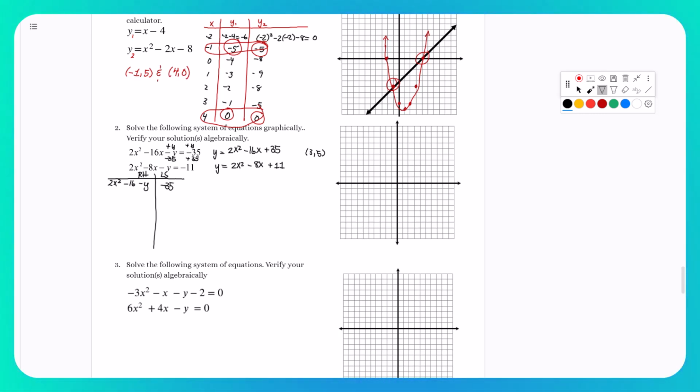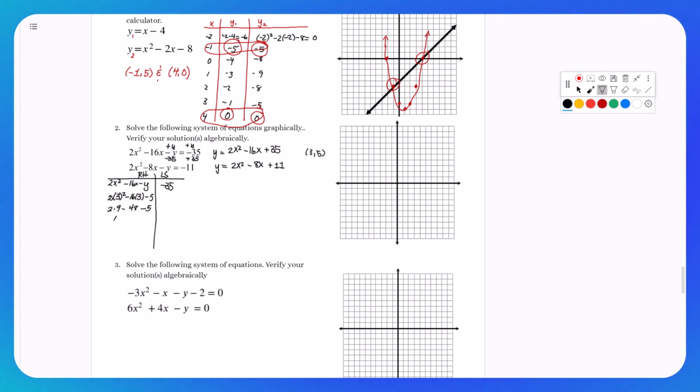So let's sub in 3 and 5. Oops, forgot my x. Well, this is 2 times 9 minus 16 times 3, that's minus 48.